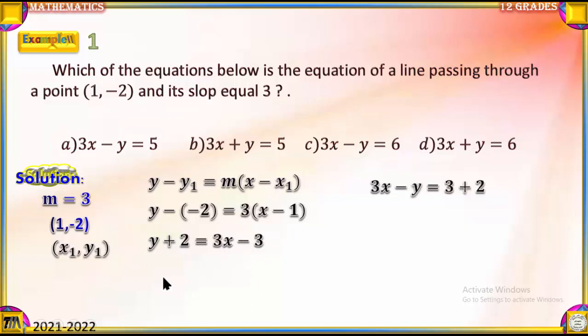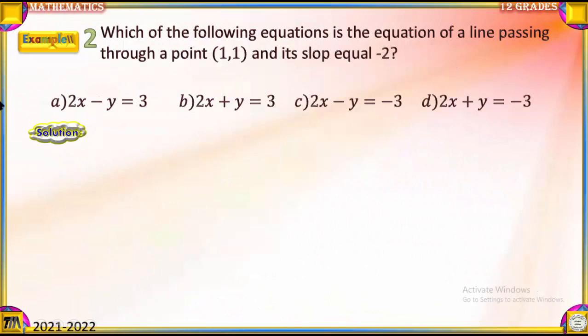And now take y from left to right and minus 3 from right to left. It becomes 3x minus y equals 3 plus 2. Then 3x minus y equals 5. We can see that the correct answer is A.